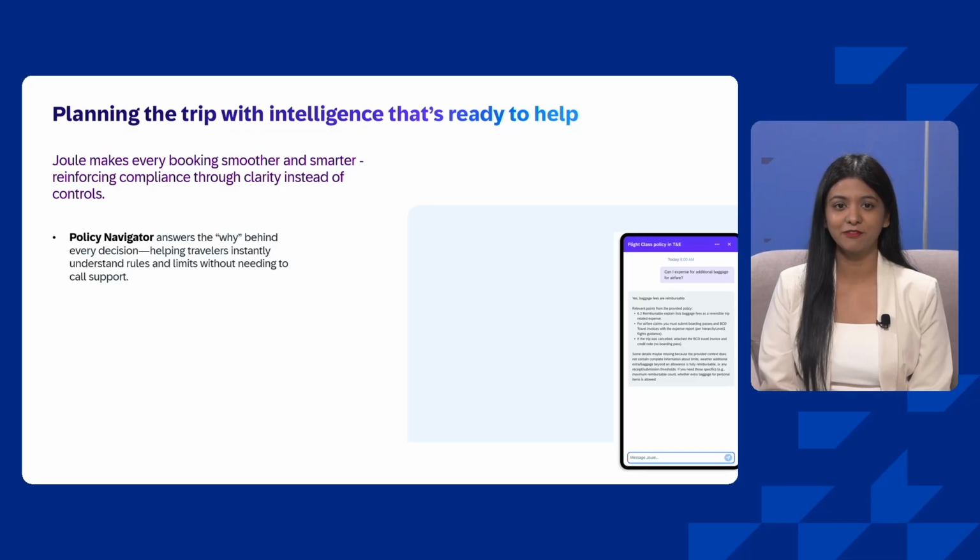Firstly, we have the Policy Navigator. One of the biggest friction points in travel is uncertainty. Am I allowed to book this? Will this be reimbursed? Joule answers those questions instantly, grounded in your company's specific policy. Just clarity, reinforcing compliance through understanding rather than restriction.